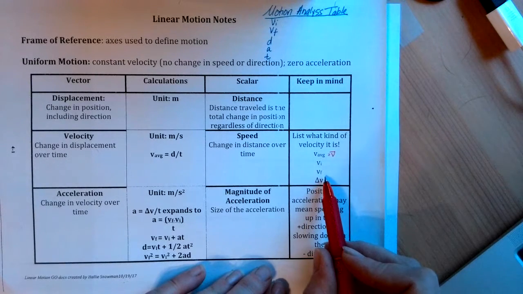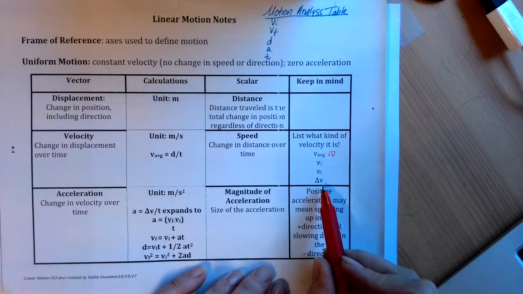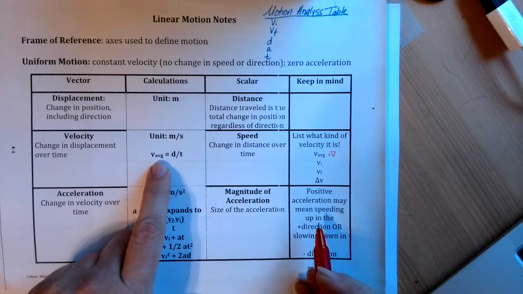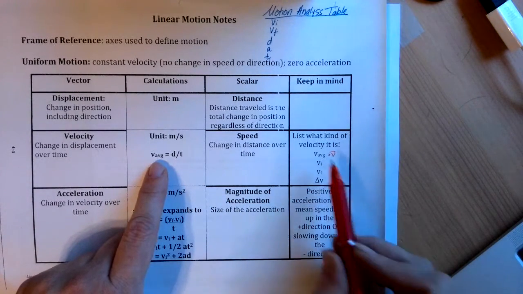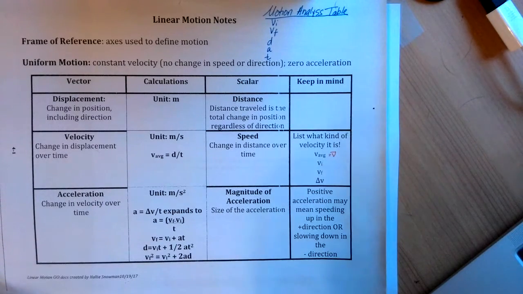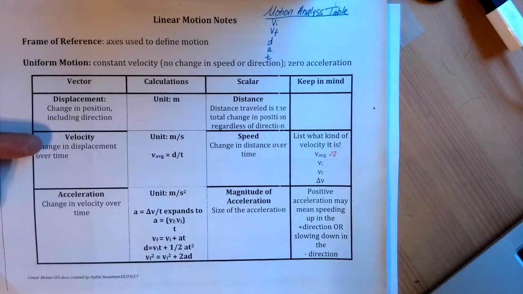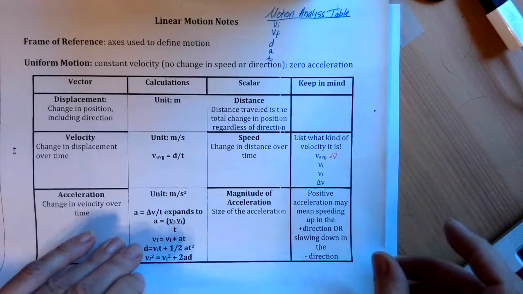The final, which is at the end of the problem, and again, you decide. And then there's change in velocity. All of these are distinct. The one that's actually equal to distance over time or displacement over time is average velocity. It's very dangerous to use this for accelerated motion because people tend to plug in one of these other velocities for average, and that doesn't work. So I'm going to spend some time on uniform problems, and then I'm going to hand off the accelerated motion problems to another video made by another teacher.